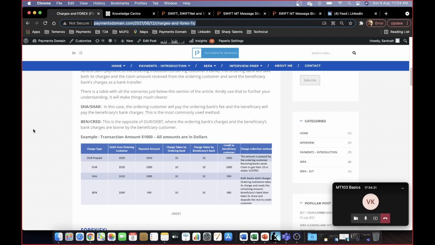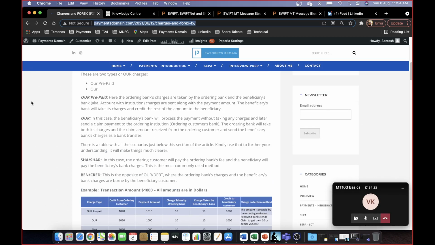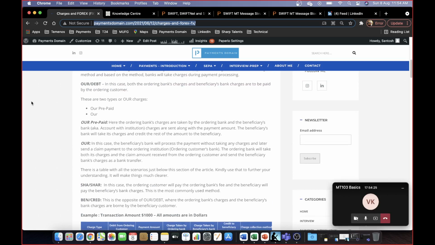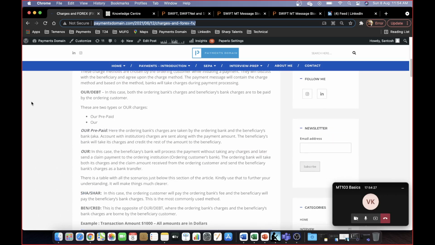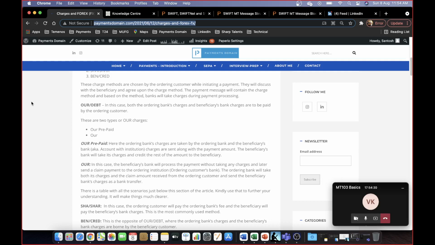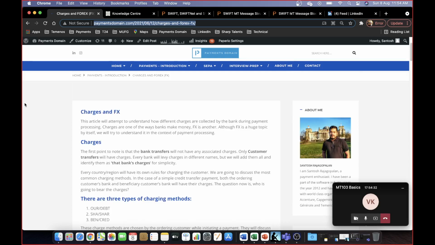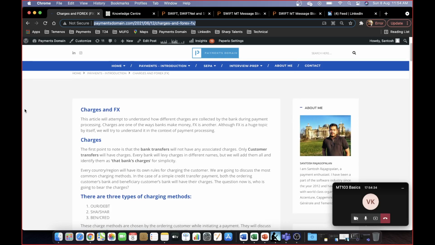I'd like to provide some more clarity on that. There are basically three types of charges: OUR, BEN, and SHA. SHA everyone understands. Let's say there are two banks involved, and each bank will have its own charge. Who bears the sum of the two banks' charges is the question. In the SHA case, both will be shared.